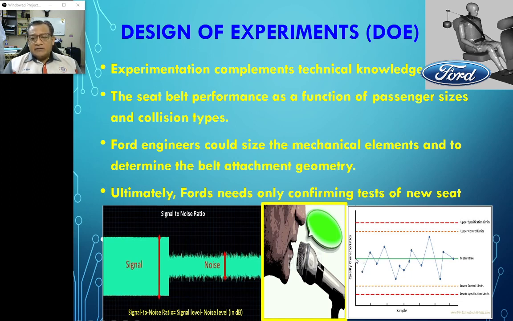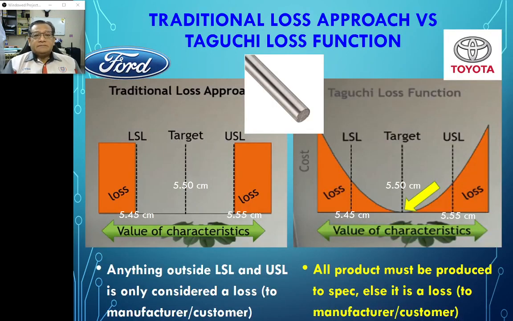In other words, to have a clear, crisp, very sharp signal, it must always be at this mean value. If it is higher or lower, that is considered noise. That is what we are about to explain, the mechanism of DOE and how it is done.